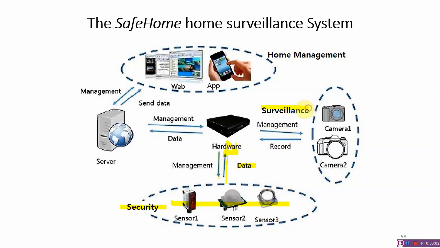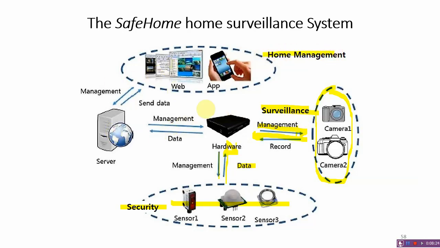The next major function is the home surveillance system. The home is monitored by using different cameras. The recording is sent back to the hardware, and the hardware gives the control instructions to these various cameras. And the third one is home management.